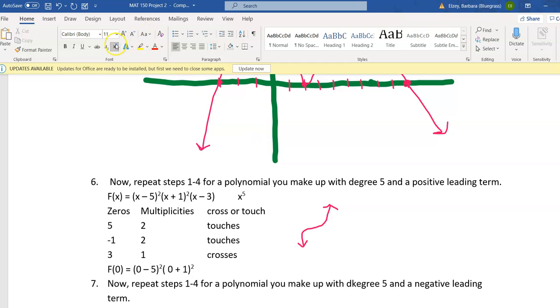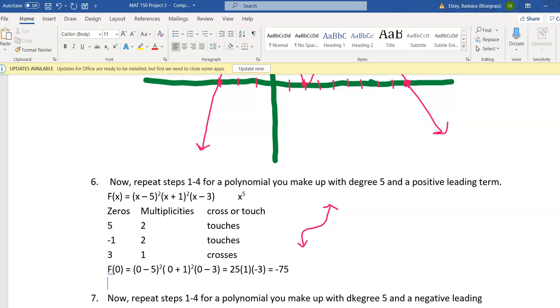And then 0 minus 3. Okay, so negative 5 squared is what we're going to have in the first parenthesis. That's 25. 1 squared is going to be 1. And then in the third parenthesis, we're going to have negative 3. So this is going to give us negative 75.